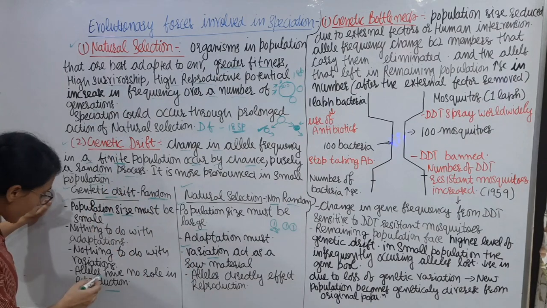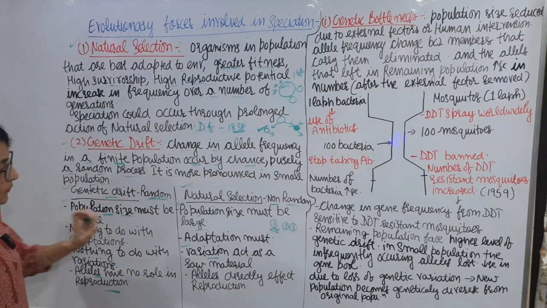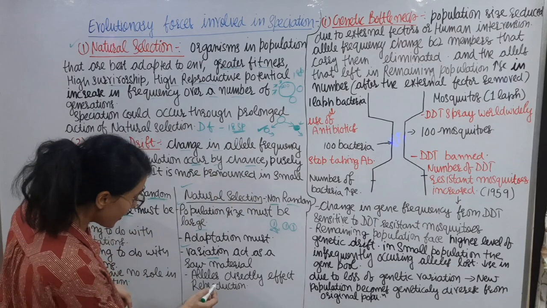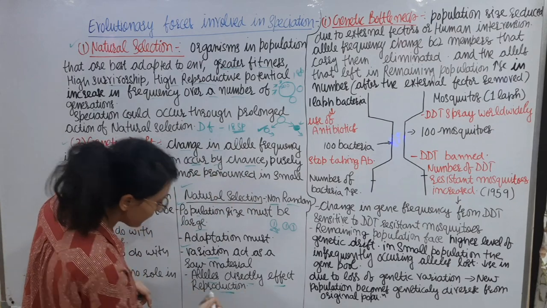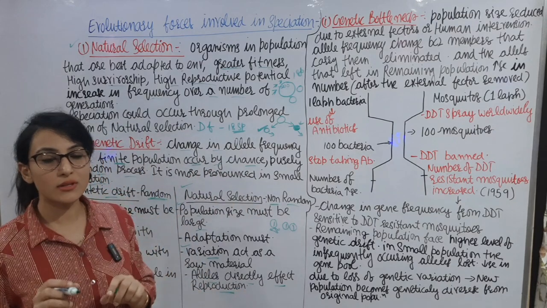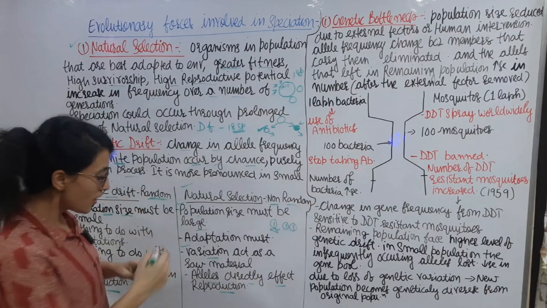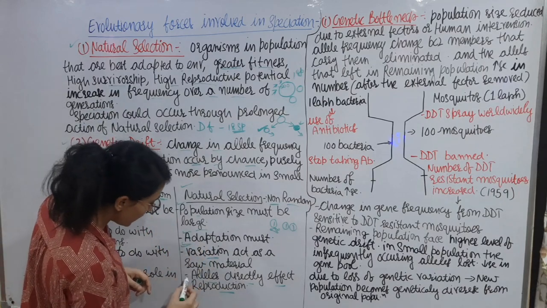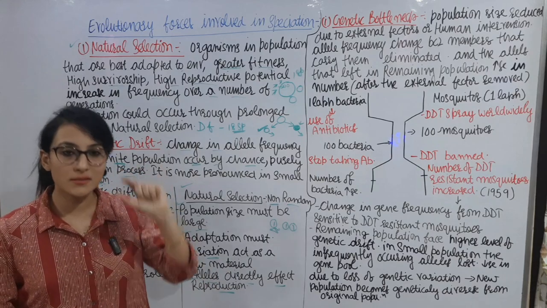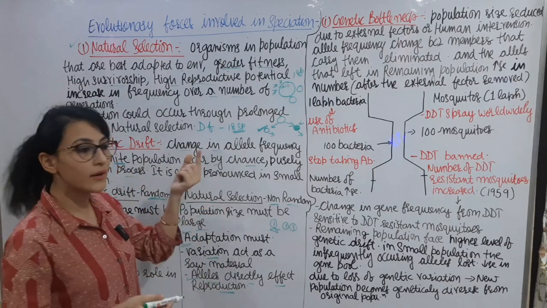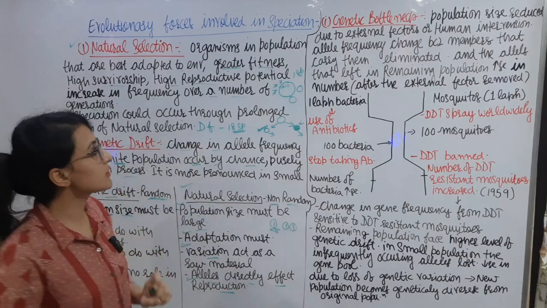Genetic drift does not explain the role of alleles in reproduction, but in natural selection the alleles directly affect reproduction, meaning individuals with greater reproductive potential are selected by natural selection. So adaptation, variation and reproductive potential are a must in the force of natural selection.